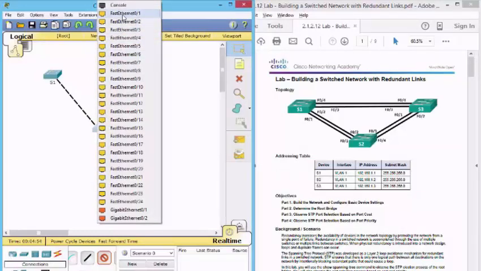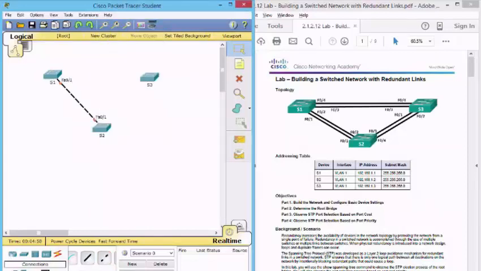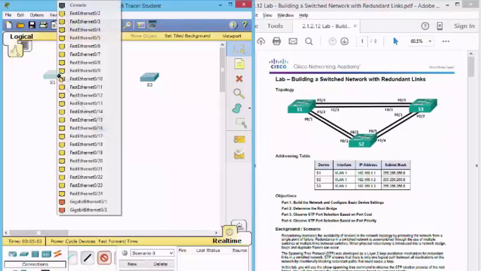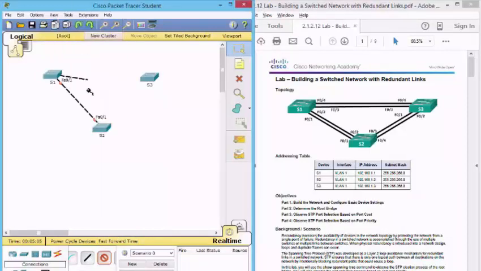So switch 1's FastEthernet 1 goes to switch 2's FastEthernet 1, and then switch 1's FastEthernet 2 goes to switch 2's FastEthernet 2.